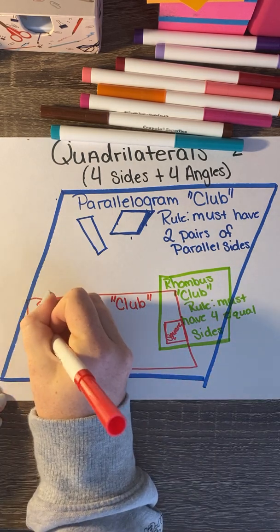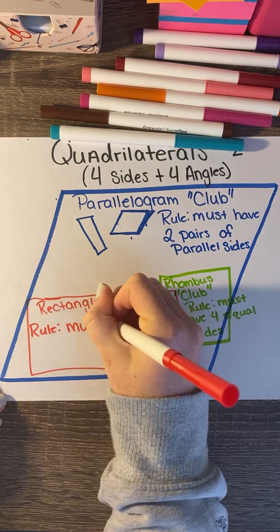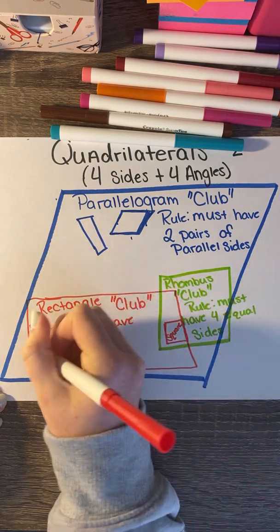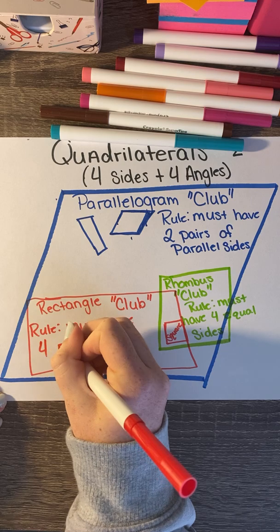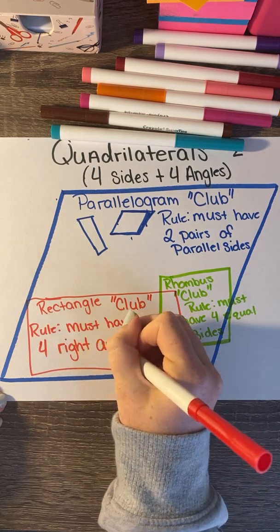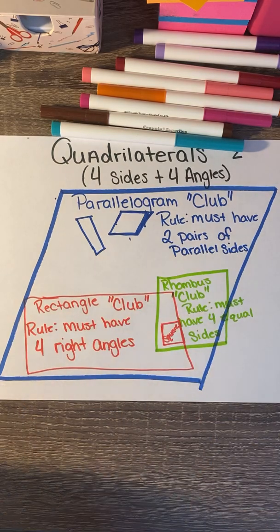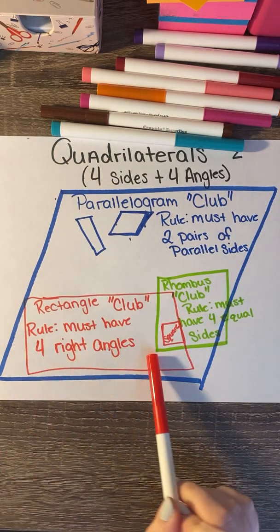The rule for this rectangle club is the shape must have 4 right angles.